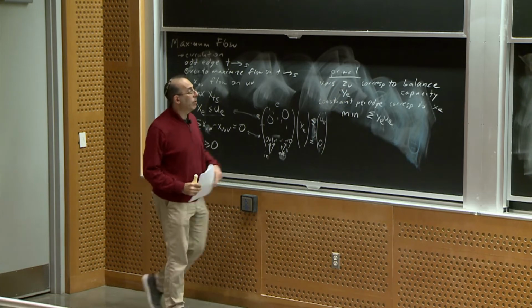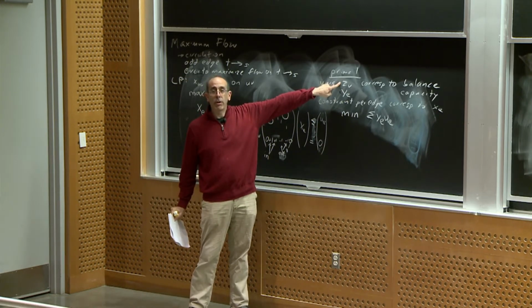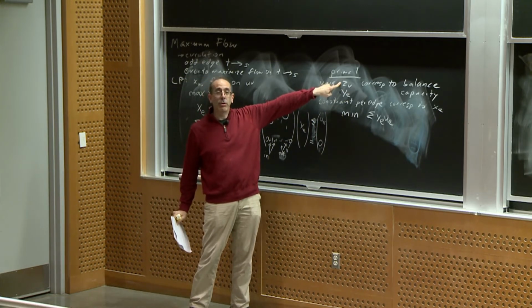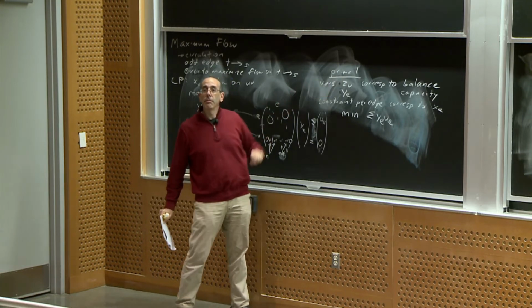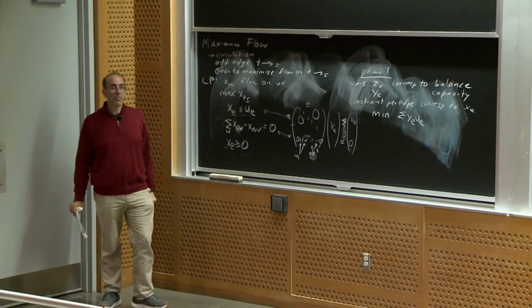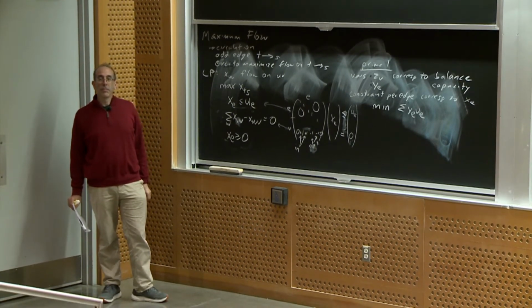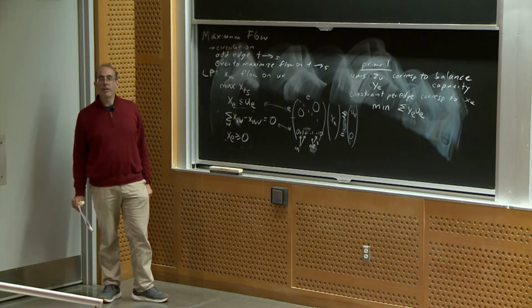Okay. Now, what coefficients do we put on the Z sub V's? What bounds get associated with those? Trick question, right? What coefficients multiply the Z sub V variables?